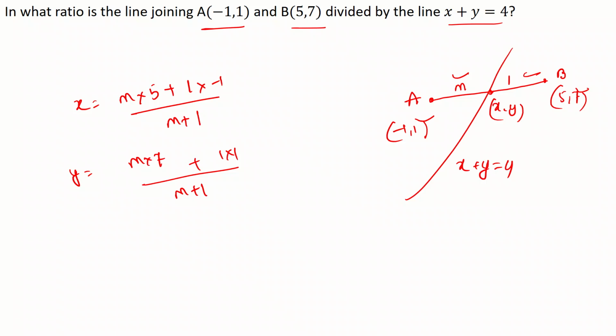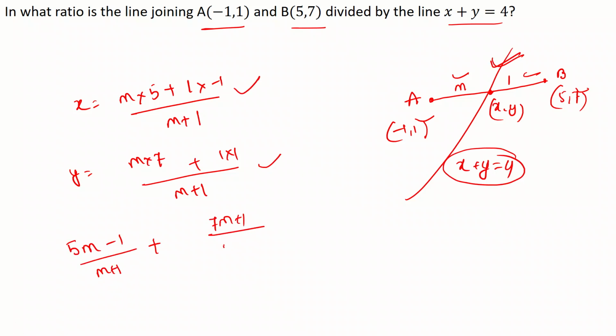Now this point lies on this straight line, right? So it must satisfy this equation. So if I do x plus y, I should get 4. This is how I get an equation in terms of m. So I get (5m minus 1) divided by (m plus 1) plus (7m plus 1) divided by (m plus 1) is equal to 4. This will give me the value of m.